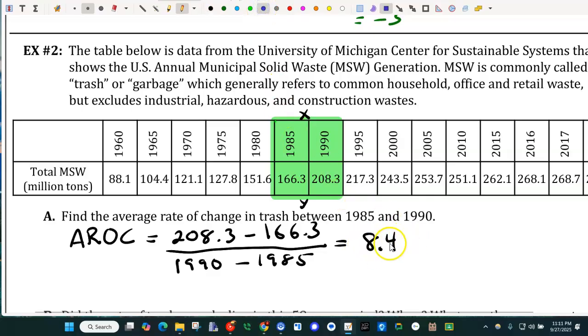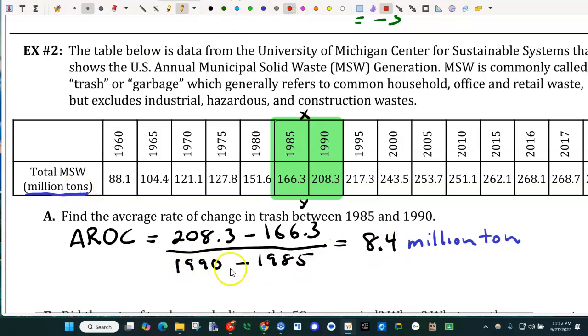So 8.4 what? When we look at our units, it's millions. So the top, this was 208.3 million minus 166.3 million. So the top units are millions. Million of what? That's million tons. So I'm going to use the exact units that I see here. And what's on the bottom?